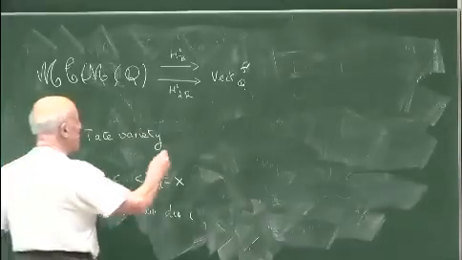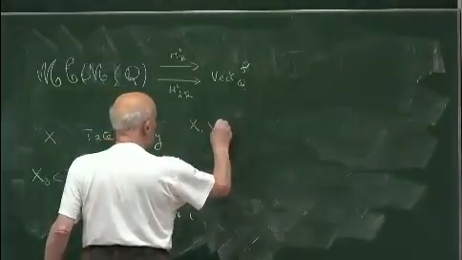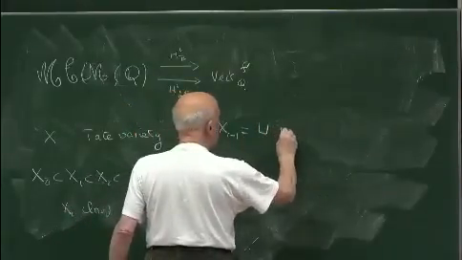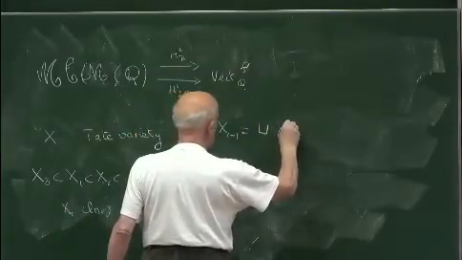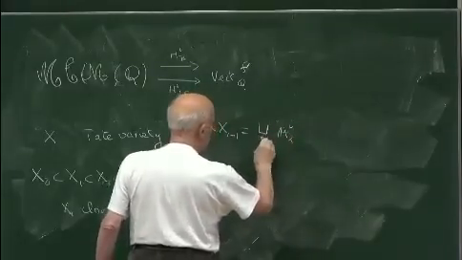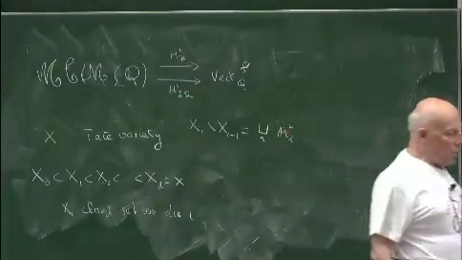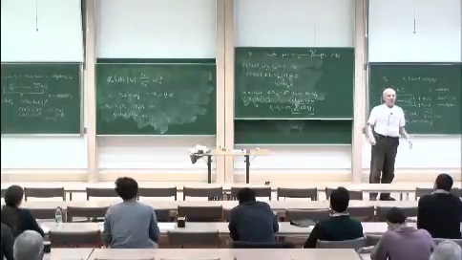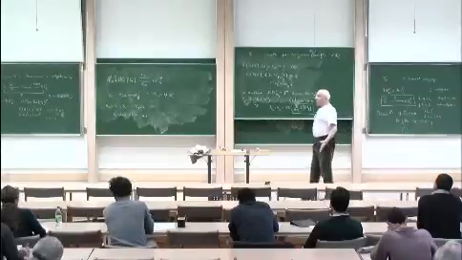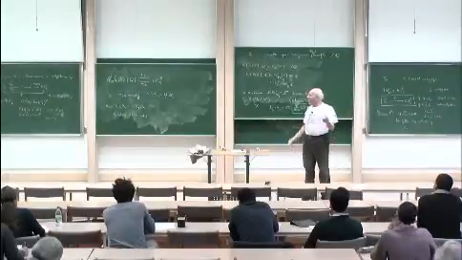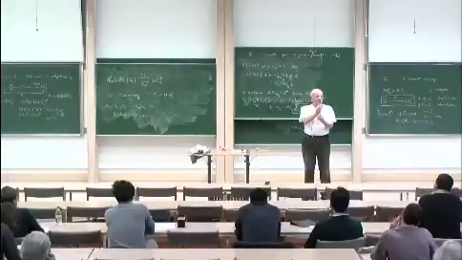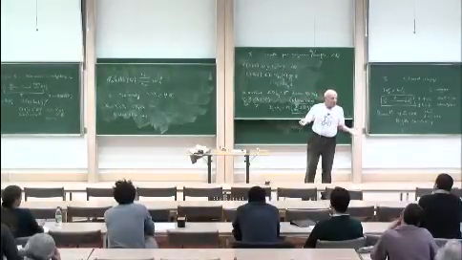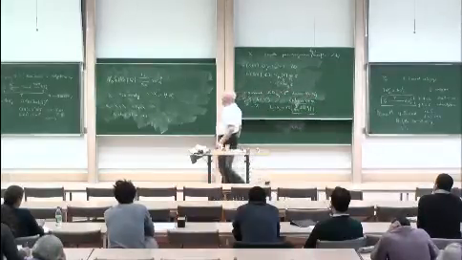And if you take the difference X_i minus X_{i-1}, it's a disjoint union of copies of the affine space of dimension i. Take, let's say, the projective space. The flag is one point, one line through the point, one plane through the line, etc. And the difference between two is an affine space. Grassmannians and so on.